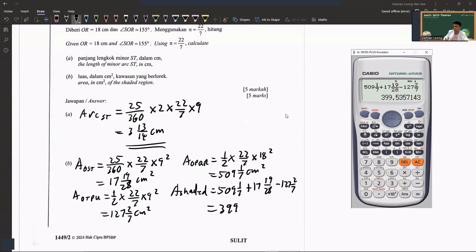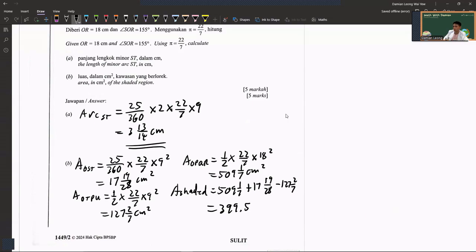Let's just take decimal, 0.54 cm squared. Okay, 0.5 also is fine actually. But usually I like to put 2 decimal places. So yeah, that is question 9. Next, question 10.